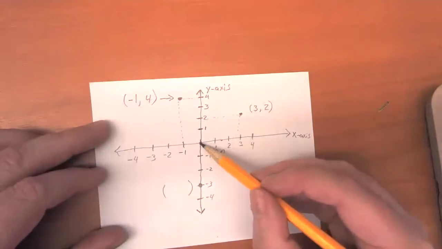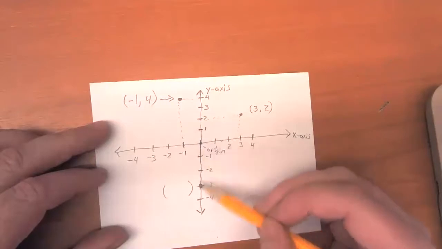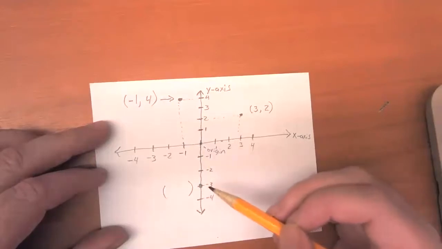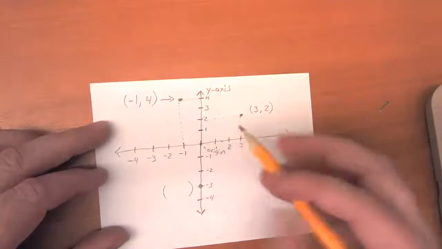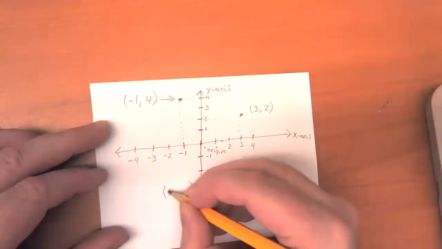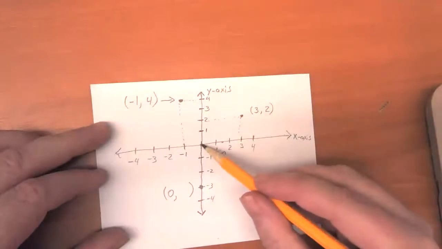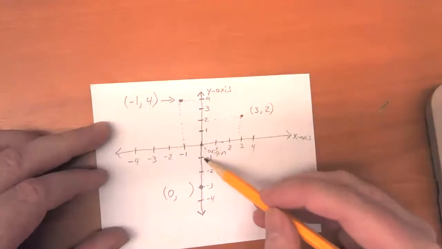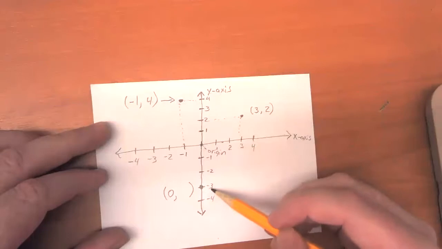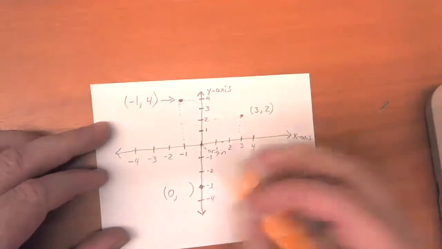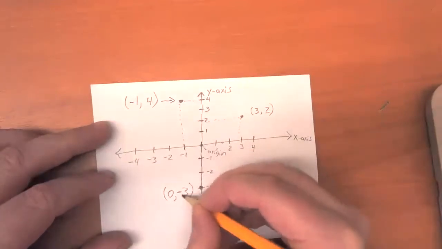We don't move left or right at all. We're just going to go straight down to get to the point we want to talk about. So based on that, what should our x coordinate of this point be? Since we're not moving left or right at all, we want to have an x coordinate of 0. And then what's our y coordinate? We're going to move down 3 spaces. So we're using -3 as our second coordinate.